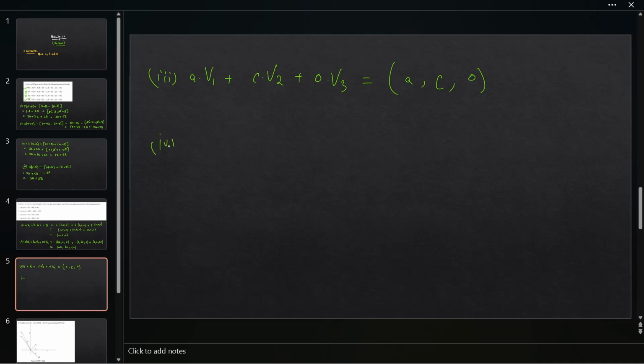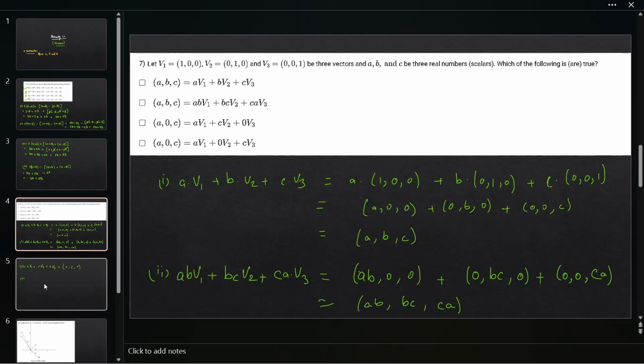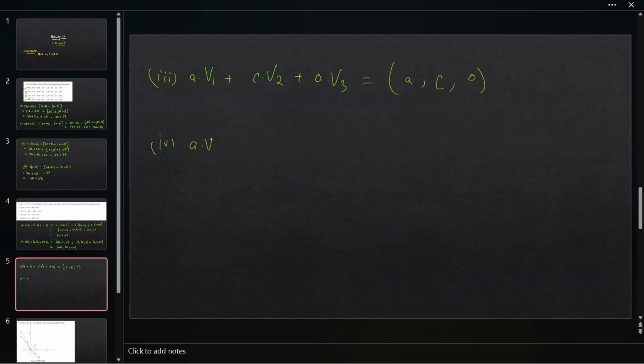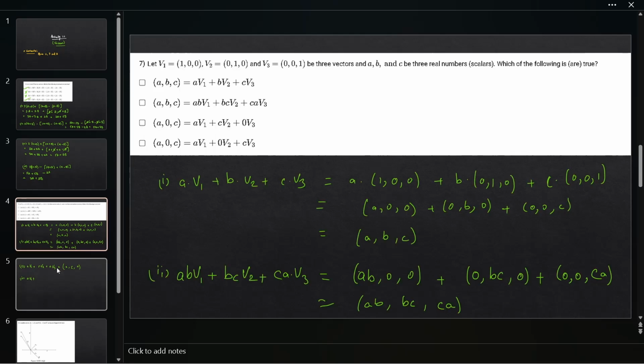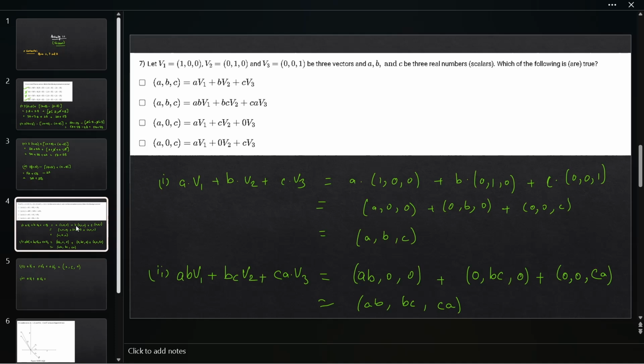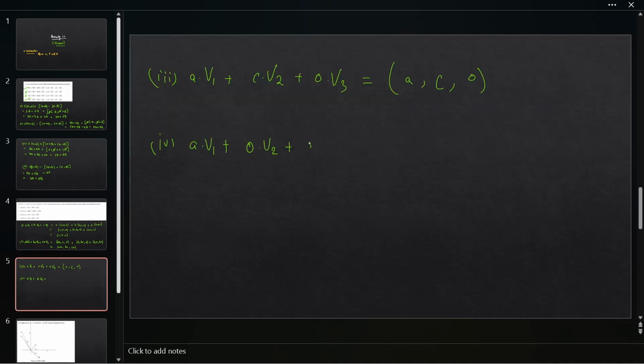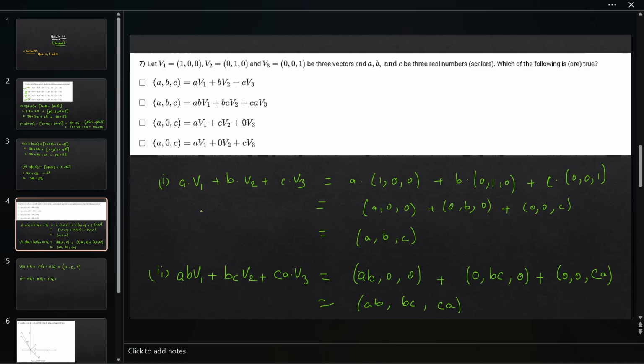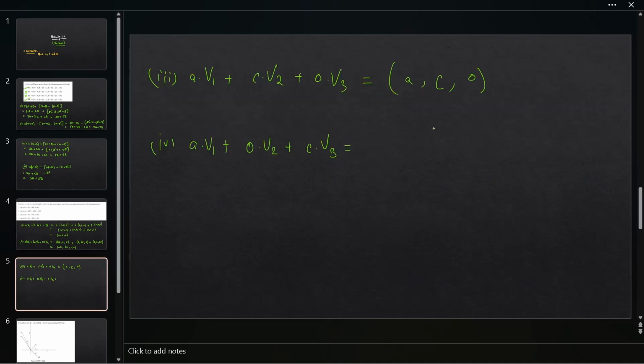Now, similarly, if we analyze option 4, we have A times V1 plus 0 times V2 plus C times V3. At any moment, if you find this a bit confusing, you can go to the steps of option 1 and solve all the steps like that. It's just a shortcut we are trying to take here.